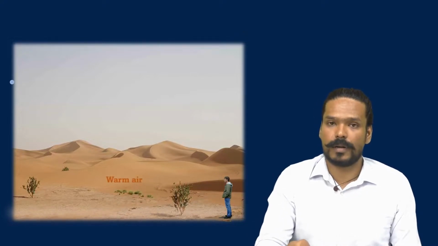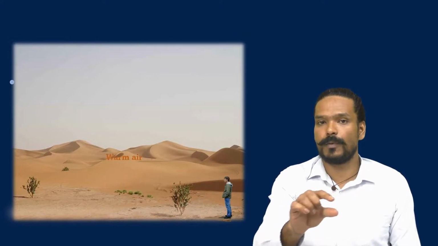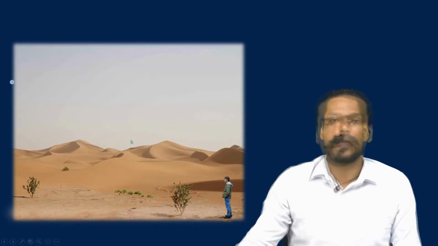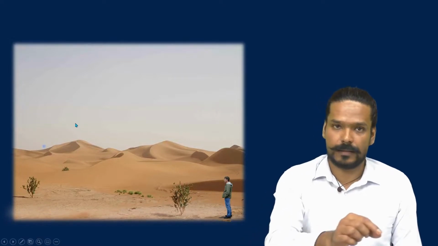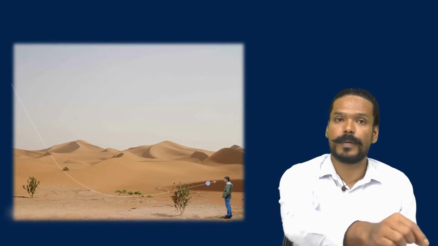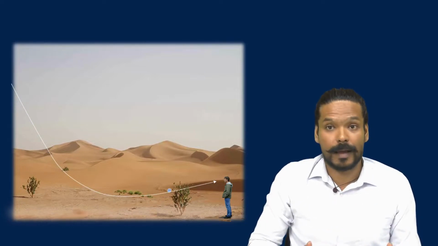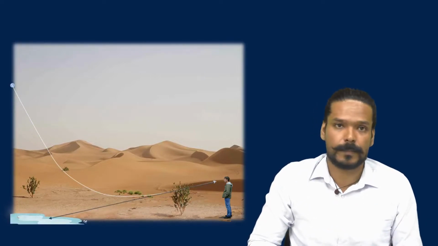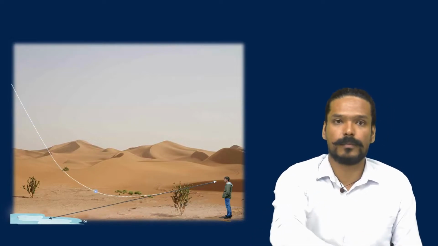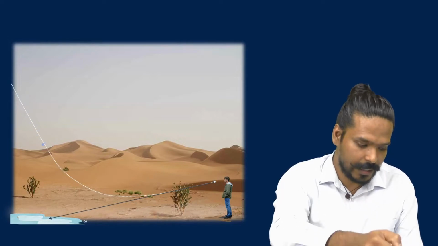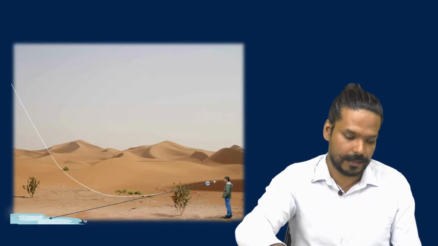So near the ground it is hot air, and above it is warm air, and if you go up, it is cool air. Now a ray of light which is coming from a tall object, maybe a tree or a camel or even a cloud, as it comes down, passes through continuously decreasing layers of air density.